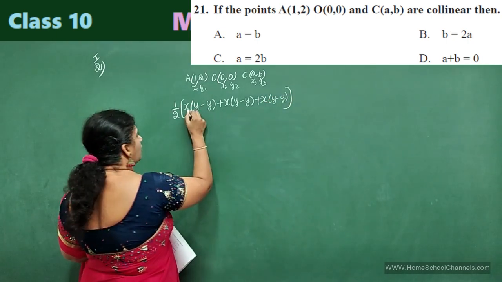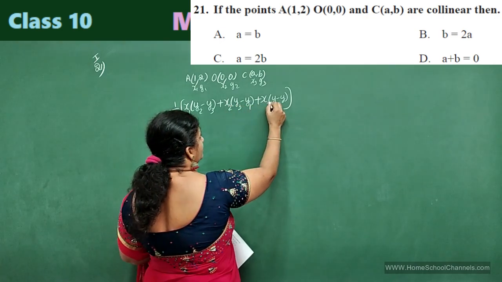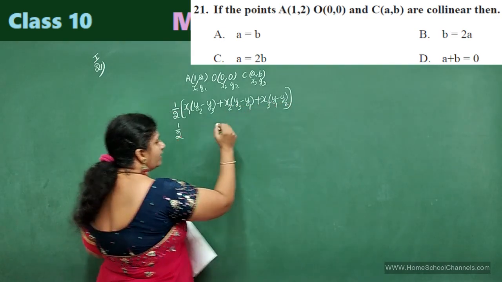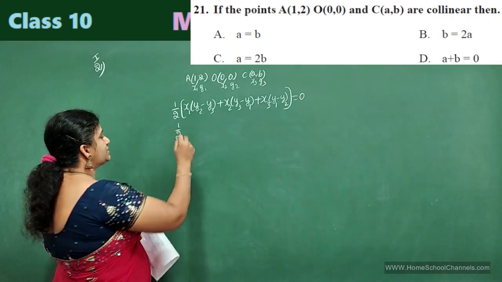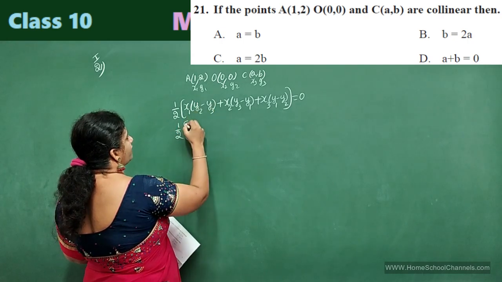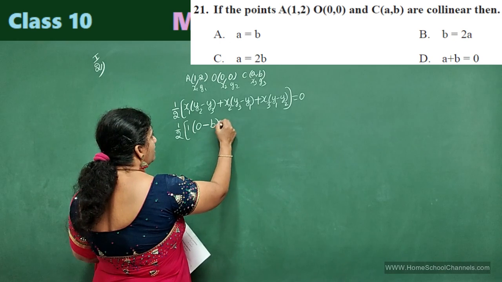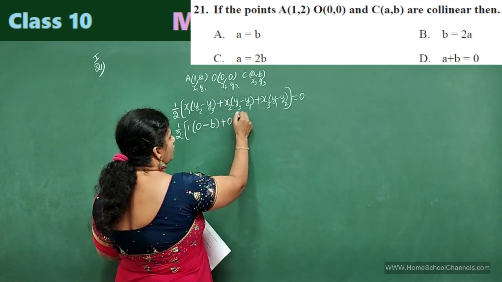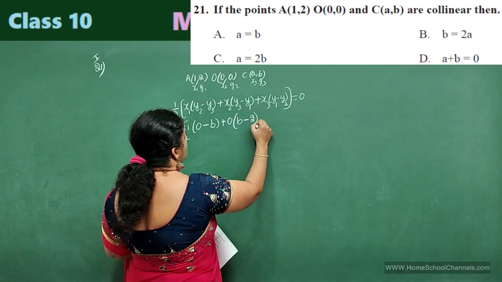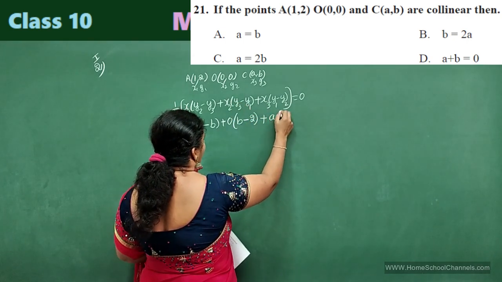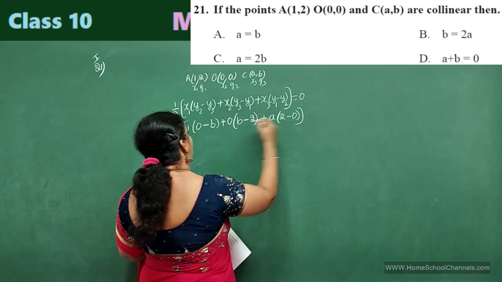Now put the numbers 1, 2, 3, 2, 3, 1, 3, 1, 2. If they are collinear, this is equal to 0. Substitute the values now. Half of x1 is 1, y2 value is 0 minus b, plus x2 value is 0, y3 minus y1 is b minus 2, plus x3 value is a, y1 value is 2 minus y2 value is 0.